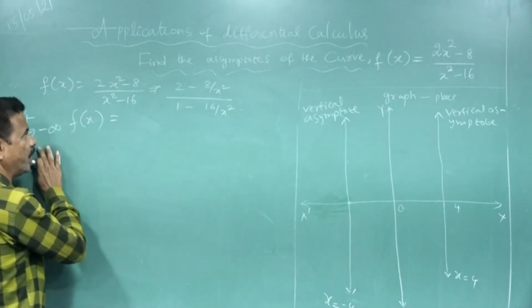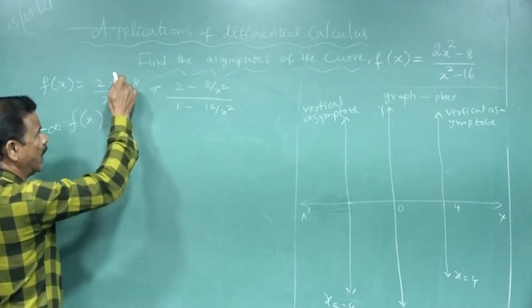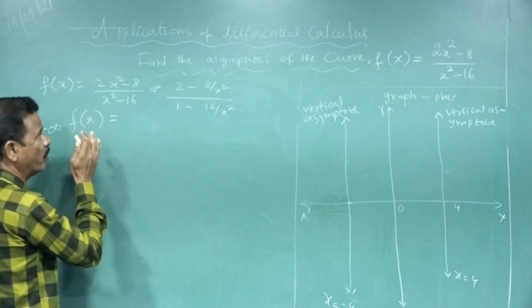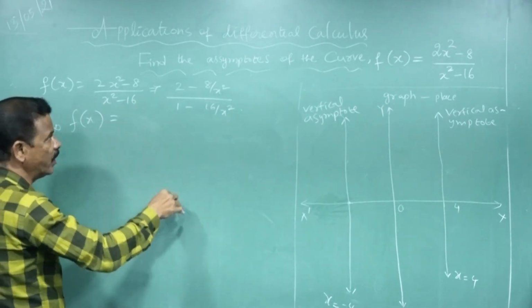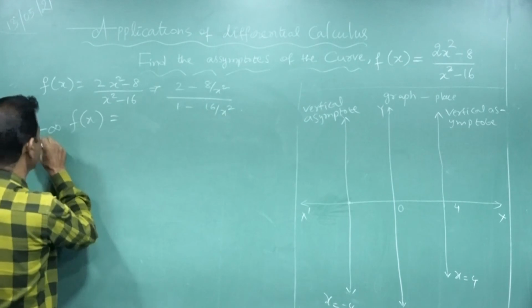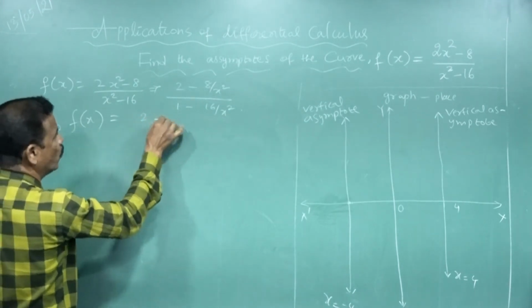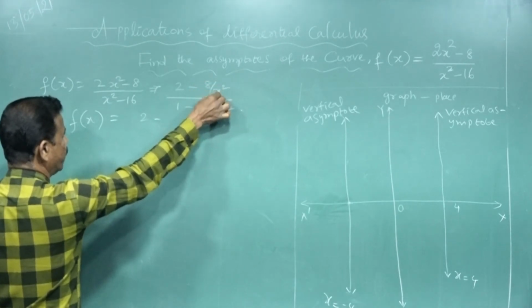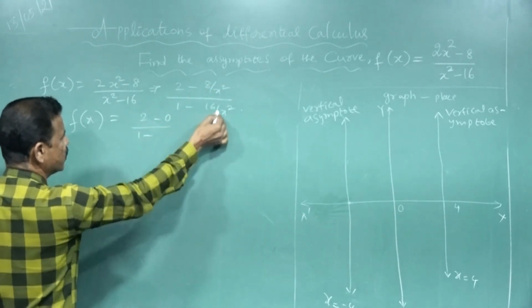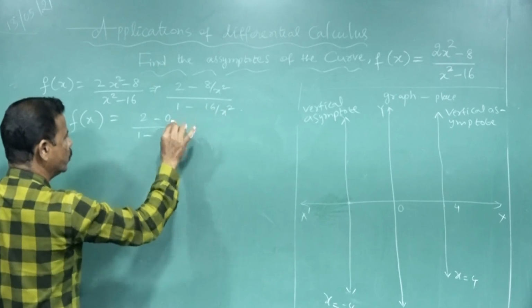In the case of infinity, we divide both numerator and denominator by the maximum power. Then if x tends to minus infinity, 2 minus 8 by infinity square means something by infinity, which is 0, and 1 minus something by infinity is also 0.